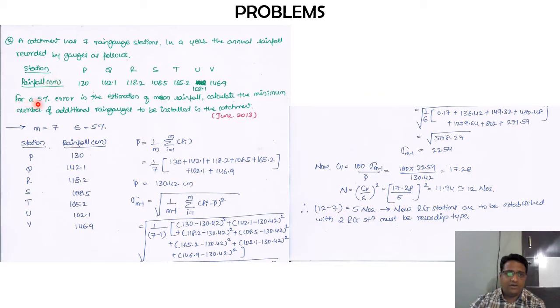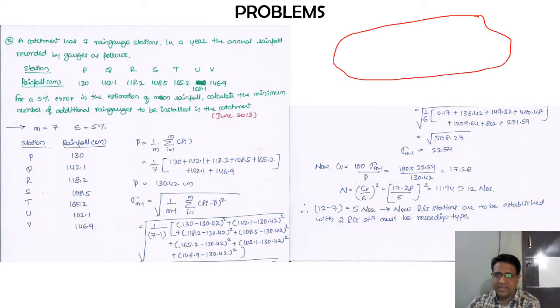Now, for a 5% error in the estimation of mean rainfall, calculate the minimum number of additional rain gauges to be installed in the catchment. So again, what they are trying to ask you is basically this. If I just try to draw it over here, imagine this as my catchment area.